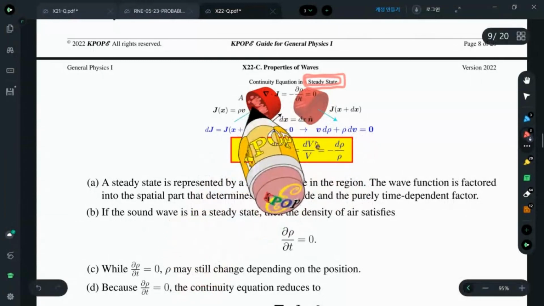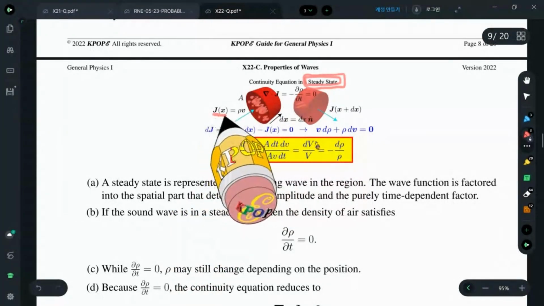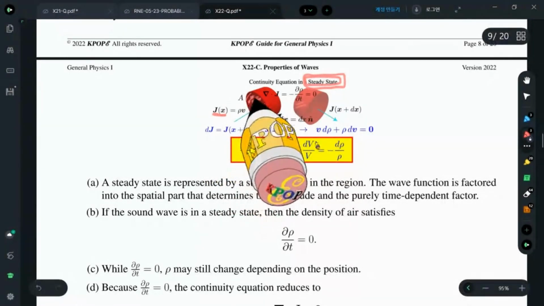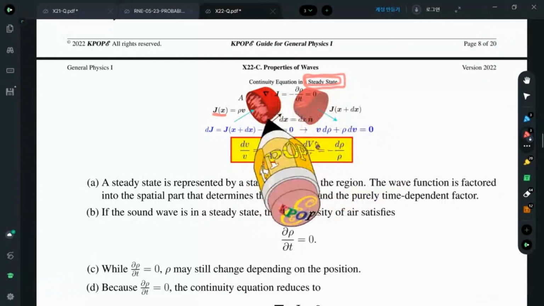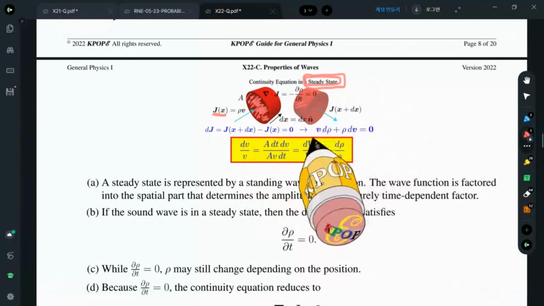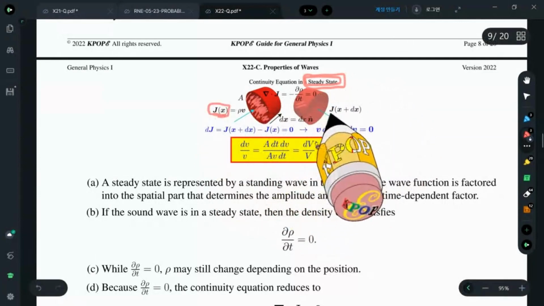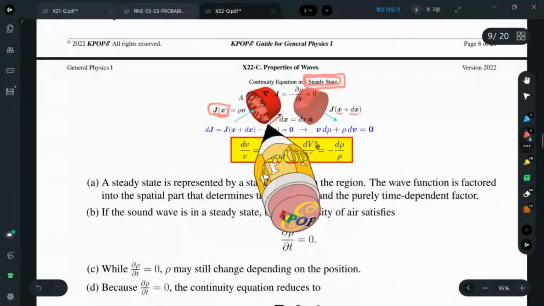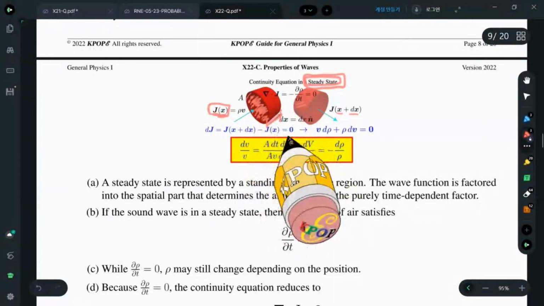And the air molecule flow, the mass flow, can be expressed as a current density, that is the density multiplied by the velocity, on the right lid of this cylindrical partition. And the same current flow at x plus dx, where dx is the tiny thickness of this cylindrical partition.